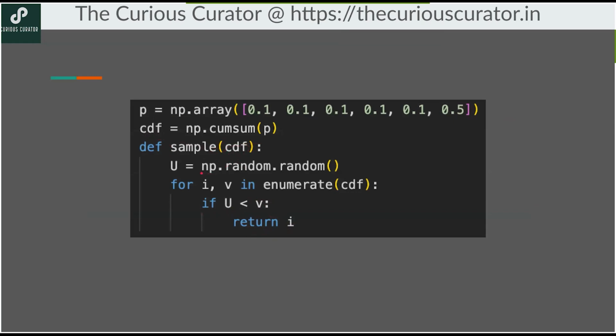So first I generate a random number from a uniform distribution between 0 and 1. That gives me a U. And then I have a collection of if statements which returns me the right answer. So this part is actually my inverse CDF. This for loop is my inverse CDF, right?